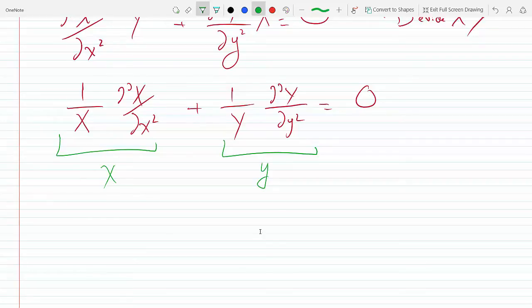So I'm gonna call this some constant k squared. Those are dependent constants, because this is the constraint.